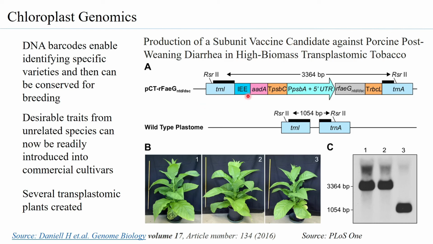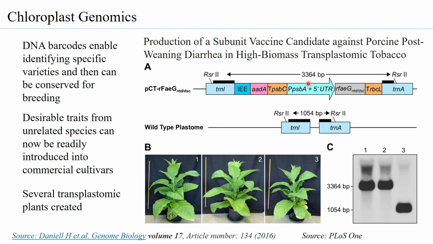And you can see over here, if you have a wild type plastome without the gene of interest, then this is only about 1054 base pairs. But if you have introduced this gene construct into the chloroplast genome, then it would be about 3000 base pairs. So with the gene of interest it is 3000 base pairs, and without the gene of interest it is only 1054 base pairs.